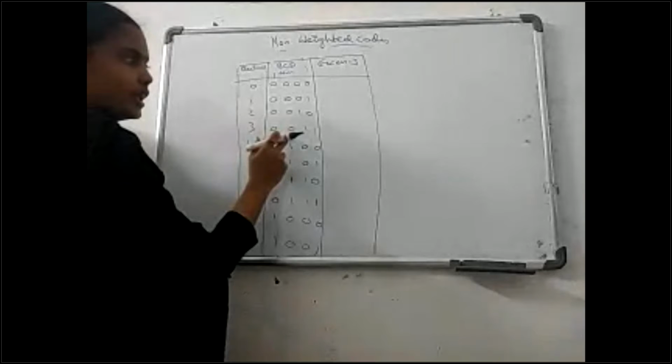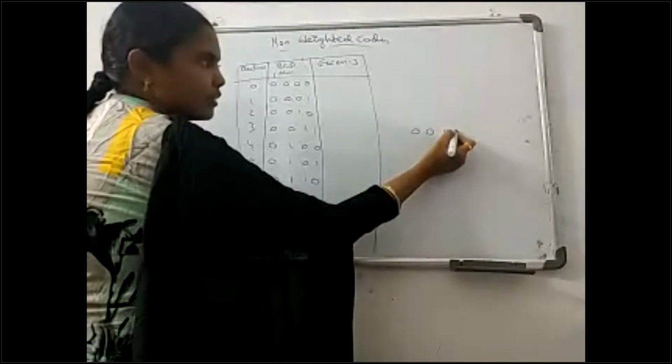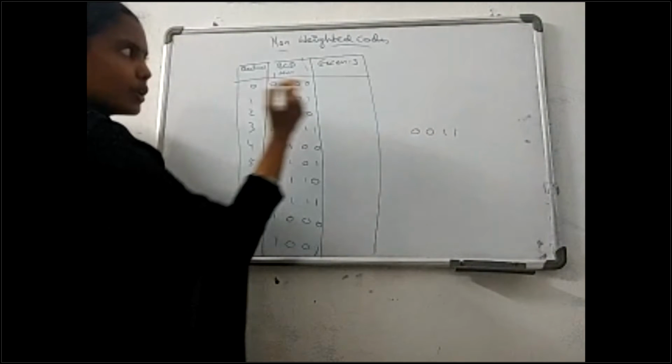So what is the BCD number of 0? It is 0000. How to get the Excess-3 value?